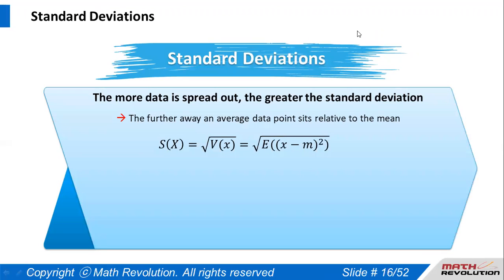Having said that, let's move ahead with standard deviation, which is one of the core topics. The more the data is spread out, guys, understand very clearly. If I've got five values of x, 1 2 3 4 5, I know how to square them. I know how to find the mean of those.